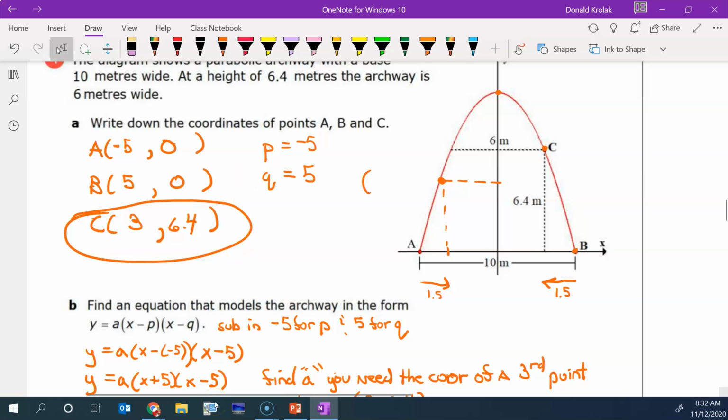We want to figure out what that is. So how would you do that? Using these equations.